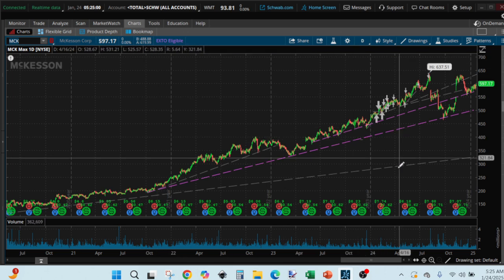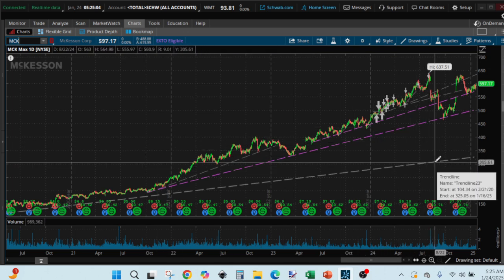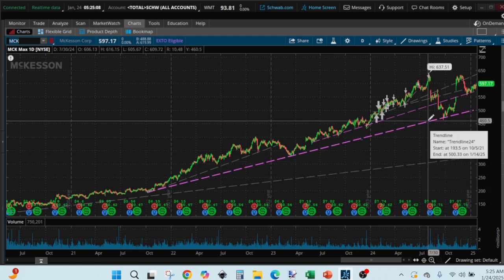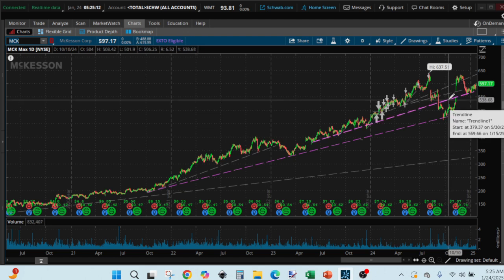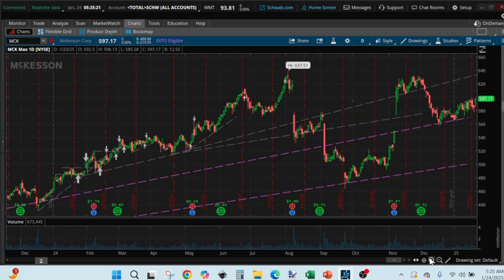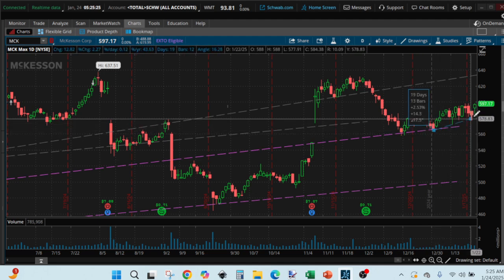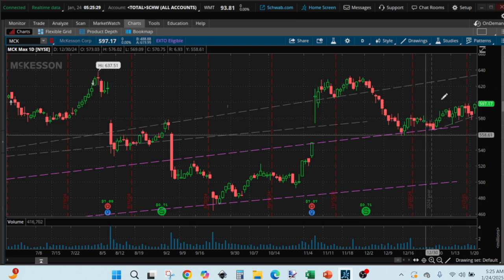So this one, we have multiple lines that we like to keep an eye on and keep following, and there is more than one we are aiming to buy at. But right now it's resting on this one and starting to go up from there. It could be an entry point as it's making higher lows around that trend line.